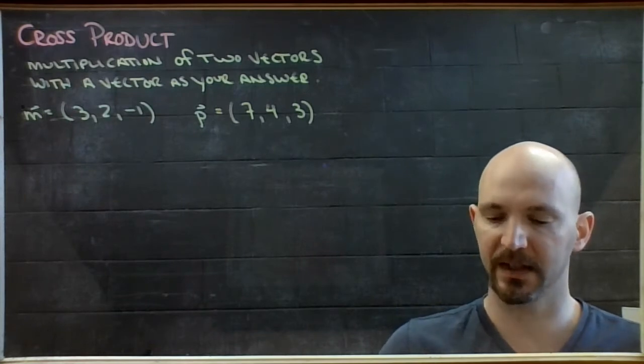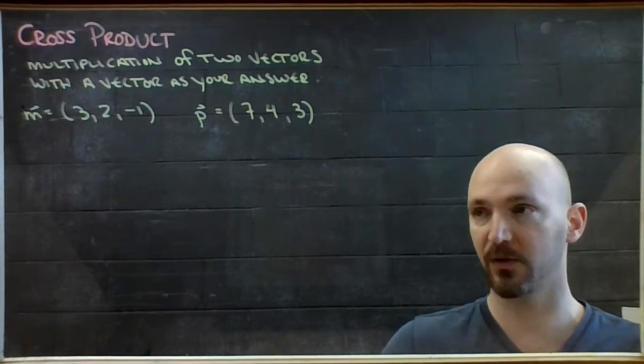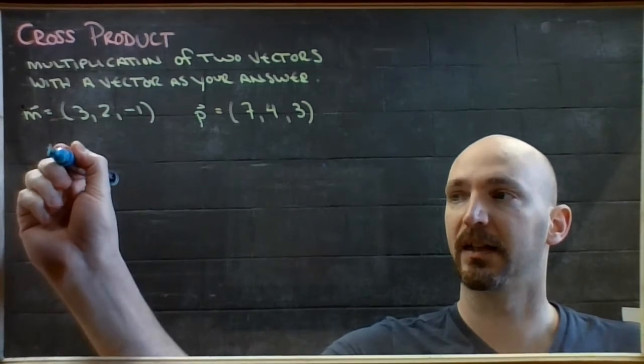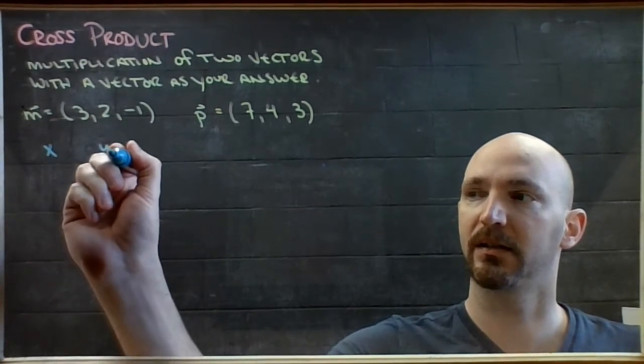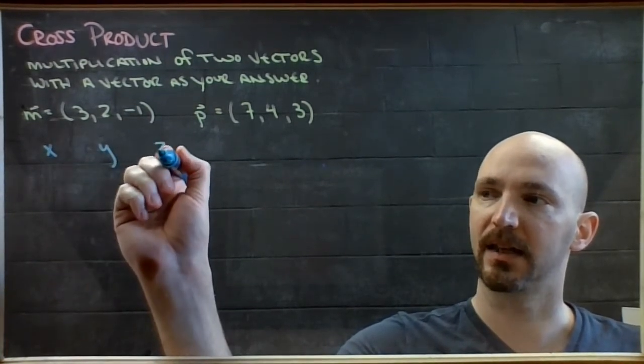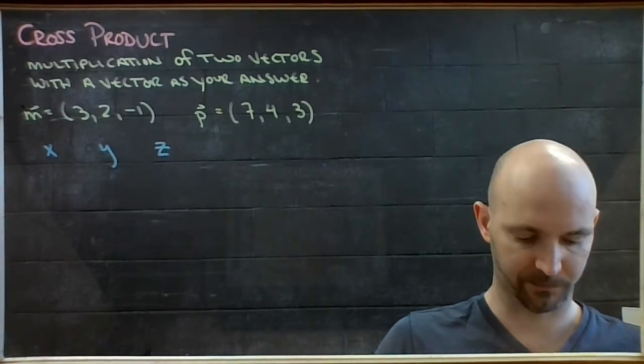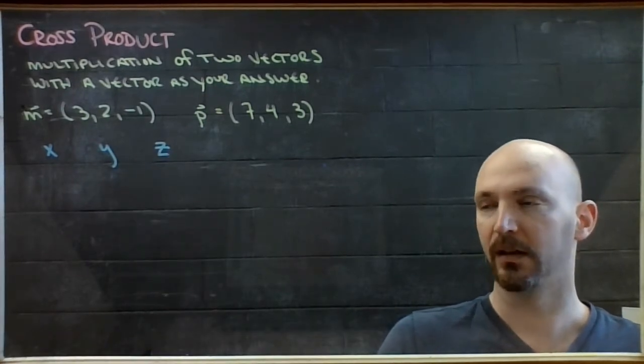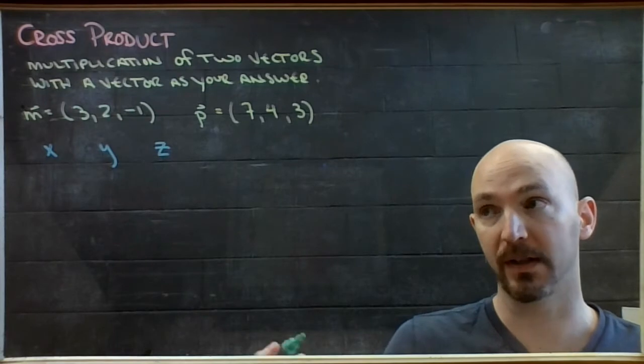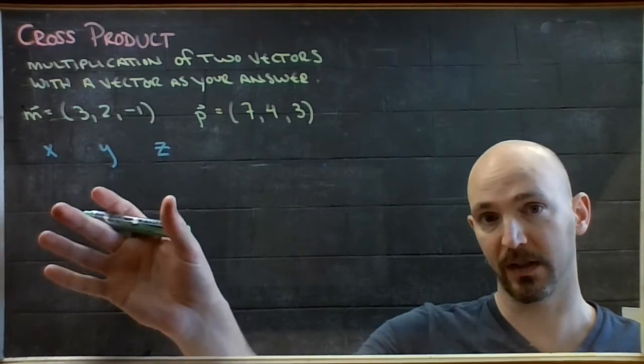So the first thing I'm going to do is write an x like this, a y like that, a z like that. Then I'm going to write the coordinates of each of my vectors under the appropriate letter.